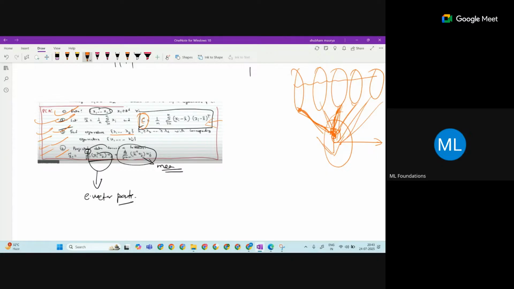Once you find the eigenvalues and eigenvectors, arrange them in decreasing order, the maximum one first and then the lesser ones, and collect your eigenvectors accordingly.